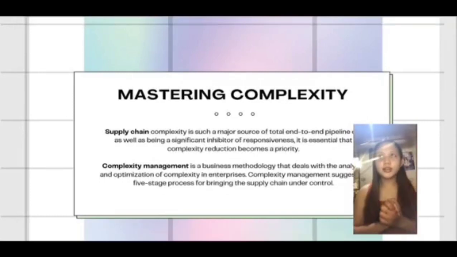The next one is complexity management. It deals with the analysis and optimization of complexity in the enterprise.